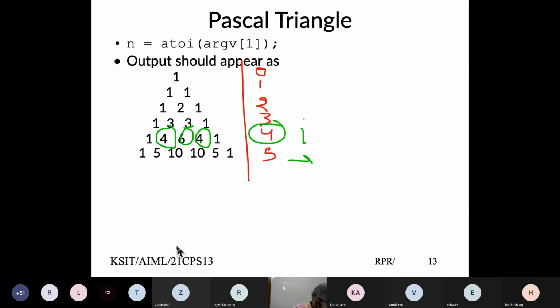Or if I'm here, what is the relation between these values? So again, this corresponds to 0, 1, 2, 3, 4, 5. So if I'm at line number i, how do I get these values? Any thoughts?